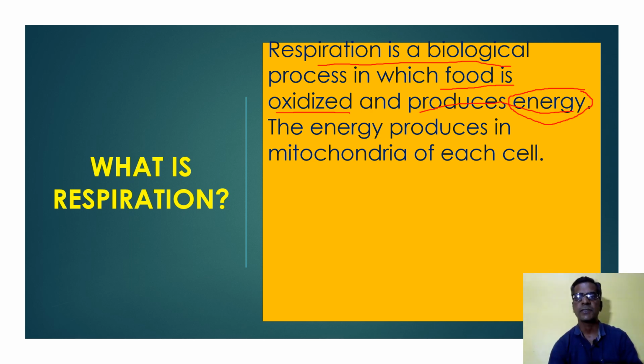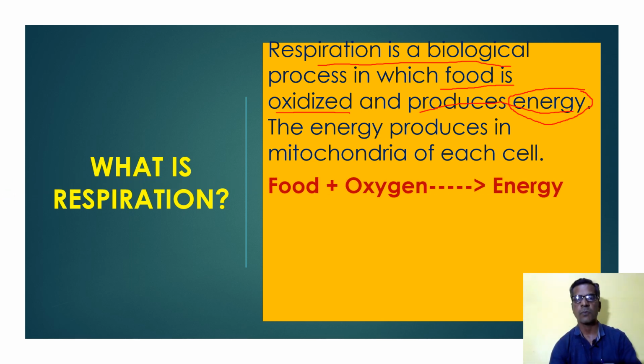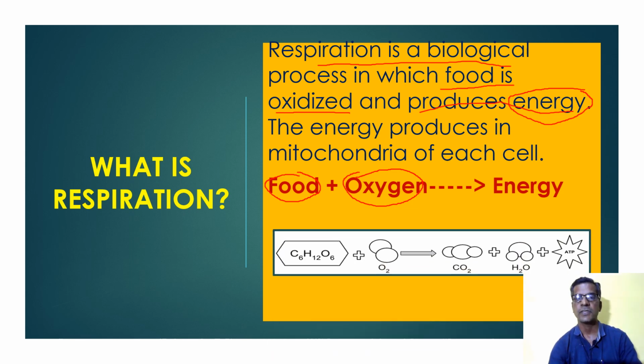Exactly this process takes place in mitochondria. Here is a small representation. The food in the form of glucose generally combines with oxygen and produces energy. Here is a chemical reaction: this is the glucose, nothing but the food, the simplest form of food, C6H12O6.